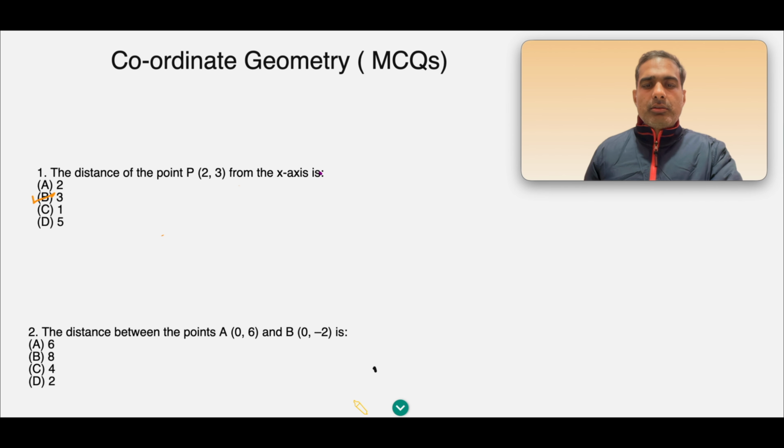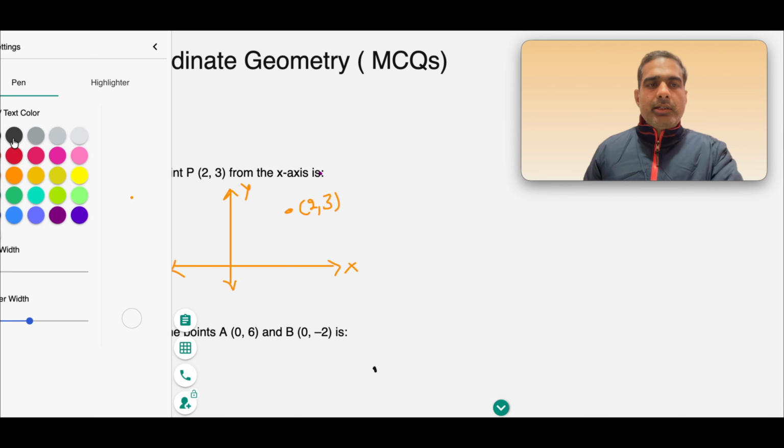To make things more clear, let's try to understand this. If I draw the x and y axis here, and there is the point (2, 3), so 3 is the y coordinate, meaning this vertical distance is 3 and this horizontal distance is 2.